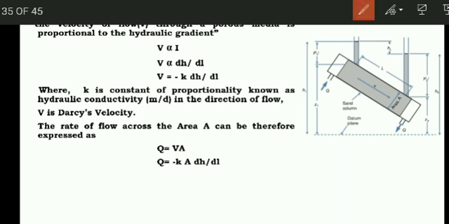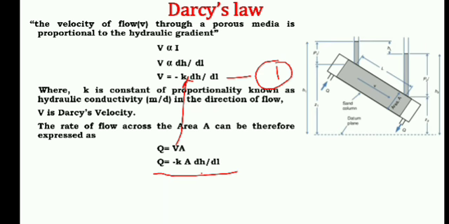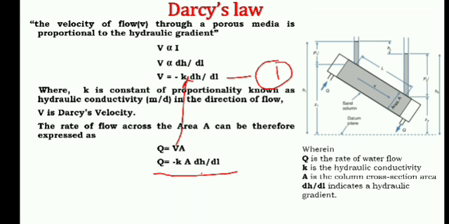So we can write Q is equal to minus K dH by dL times A. This is Darcy's equation, wherein Q is the rate of flow of water, or the discharge, K is the hydraulic conductivity, a constant, A is the column cross sectional area, and dH by dL indicates the hydraulic gradient.